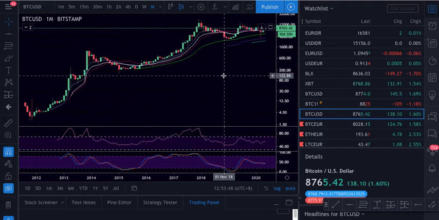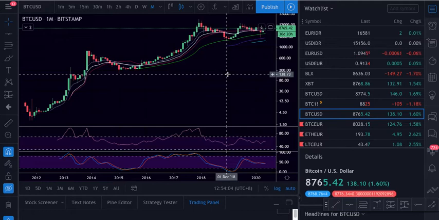One is called Crypto Cred, Cred with a C, 2 words. The other one is TheChartGuys, also really good tutorials and price action for beginners and advanced trading. And another one is Trading 212.